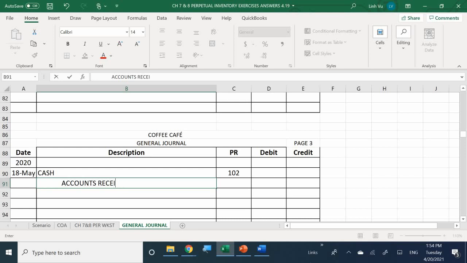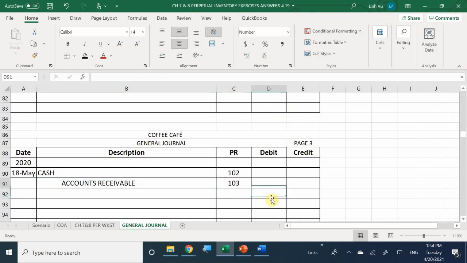So we're not increasing the amount that they owe, we're decreasing it. But we're increasing our cash flow because we actually received the money. So in this case, accounts receivable was 103, for the amount of 216.50. So therefore, I should be receiving 216.50 as a payment.